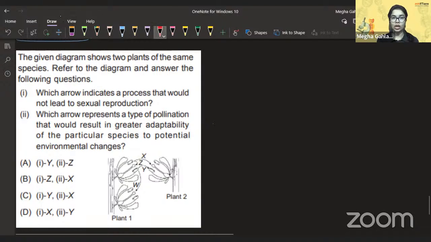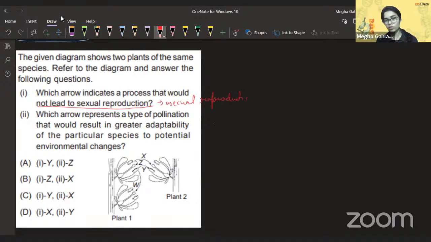That means we have the arrow for asexual reproduction, because it says not lead to sexual reproduction. That means we are talking about asexual reproduction. And if you look at the question properly, it shows how that would result in greater adaptability of a particular species to potential environmental changes.